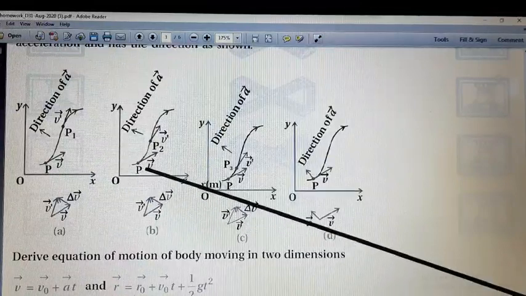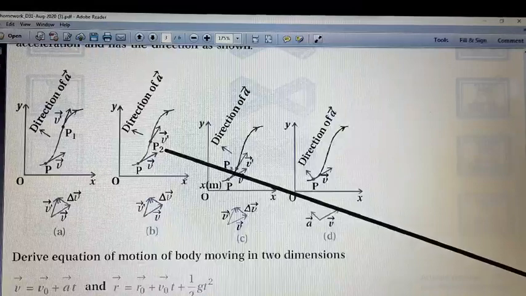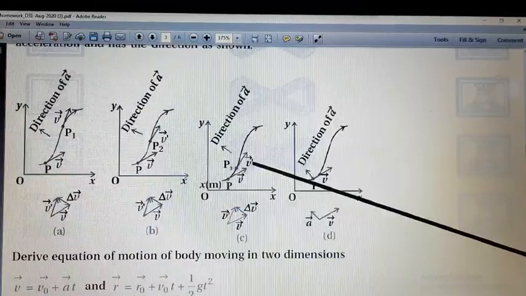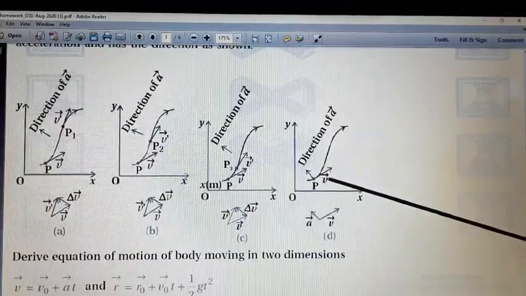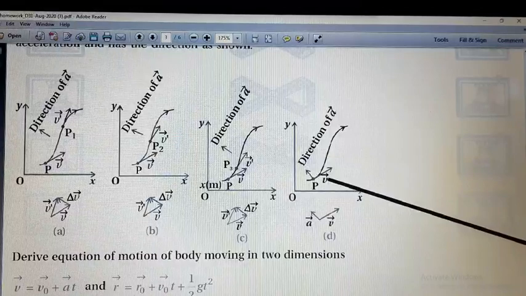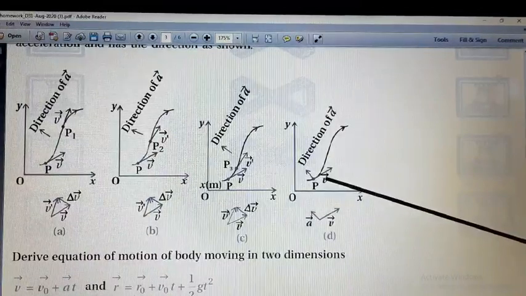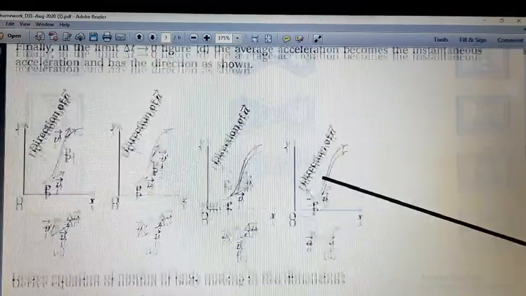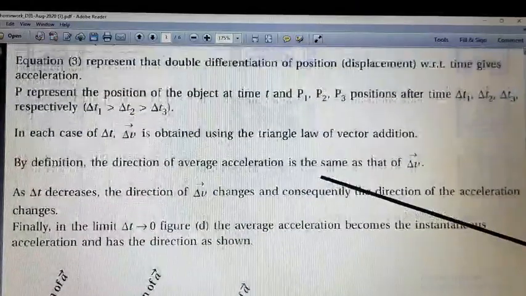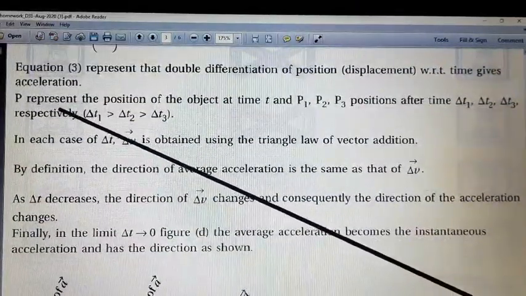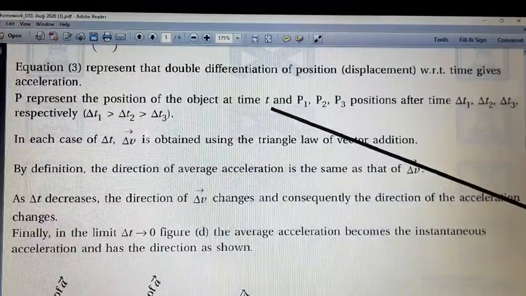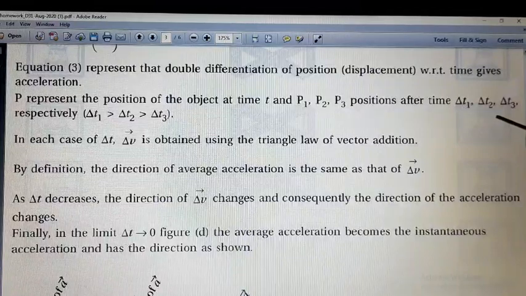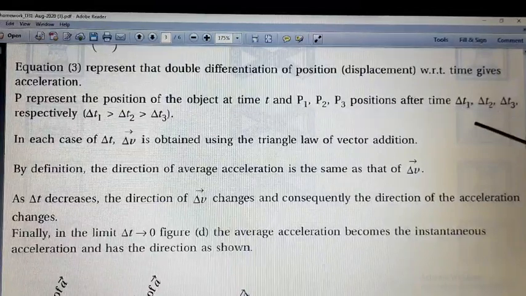In the second graph, at point P2 its velocity is V dash, and at point P3 its velocity is V3 dash. So as we move from P1 to P3, we get different directions of the velocity. P represents the position of the object at time t, and P1, P2 and P3 are the positions after time intervals delta t1, delta t2 and delta t3 respectively.